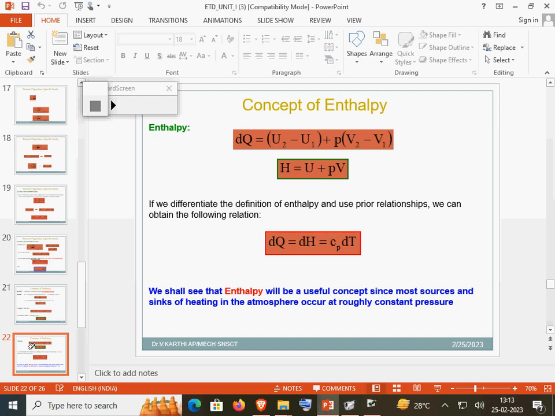If we differentiate the definition of enthalpy and use prior relationships, we obtain dq equals dH equals Cp dT. Enthalpy will be a useful concept since most sources and sinks of heating in the atmosphere occur at roughly constant pressure.